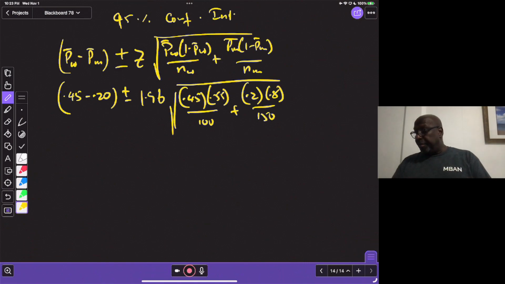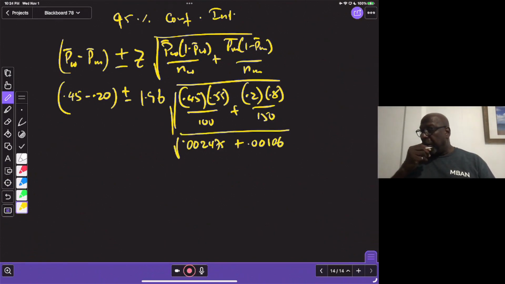So I'm actually finding out the values right here. 0.45 times 0.55 divided by 100 equals 0.002475, plus 0.2 times 0.8 divided by 150 is 0.00106.